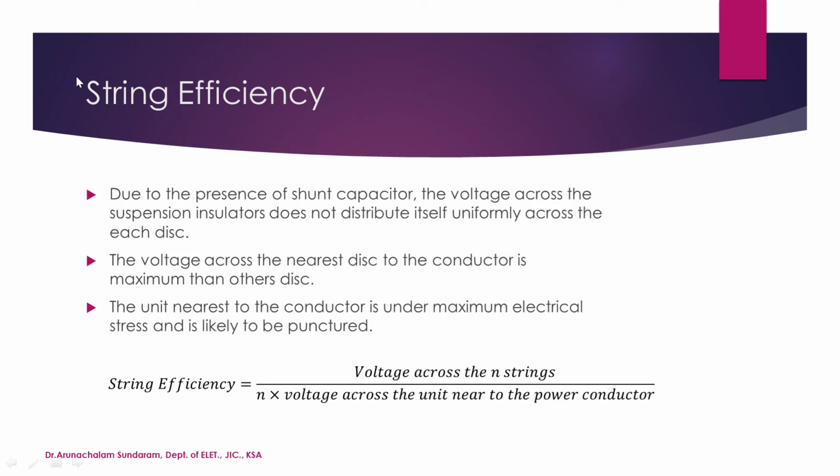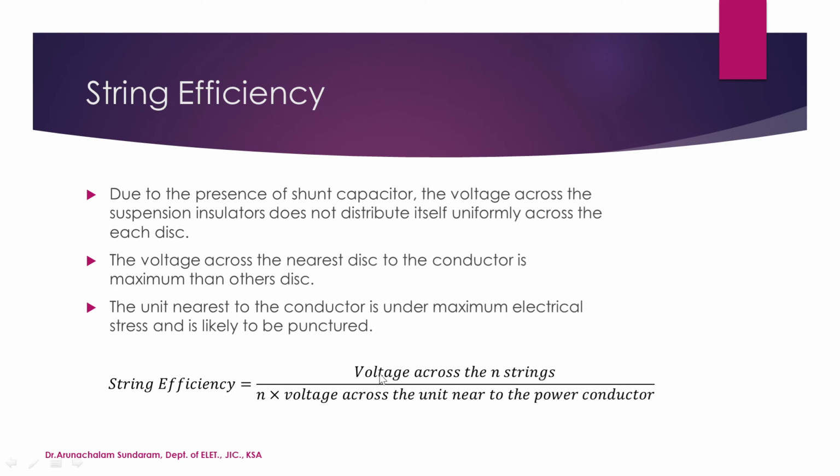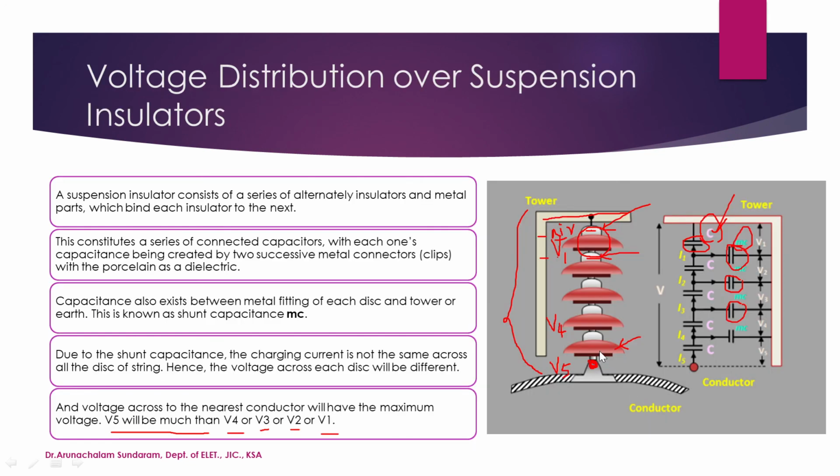I told you the voltage is not going to be the same. So what is the voltage across this entire string? This is going to be the line voltage. So string efficiency is the line voltage divided by N times the voltage across the unit nearest to the power conductor. Which is the unit near to the power conductor? V5.